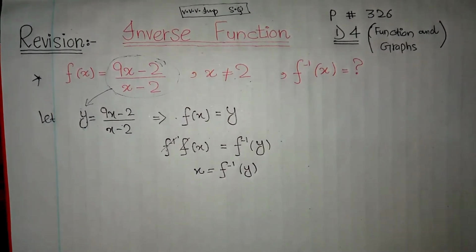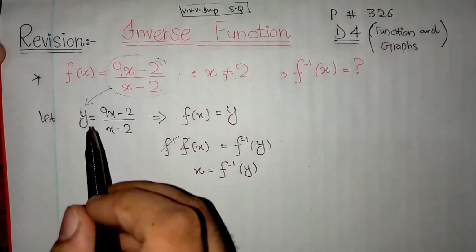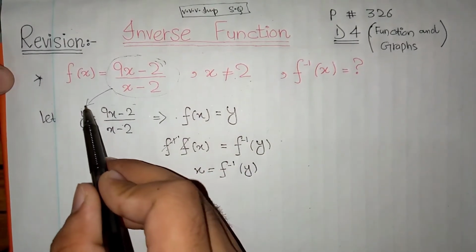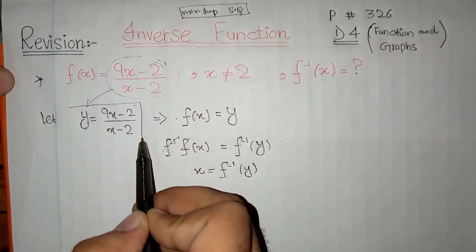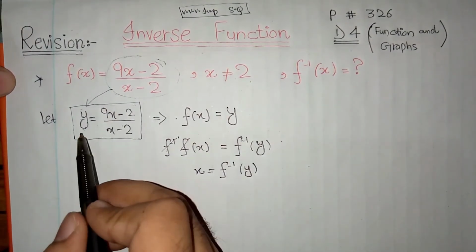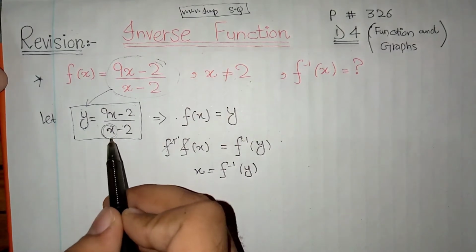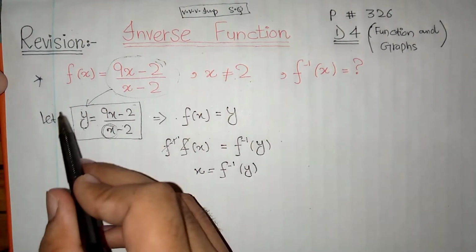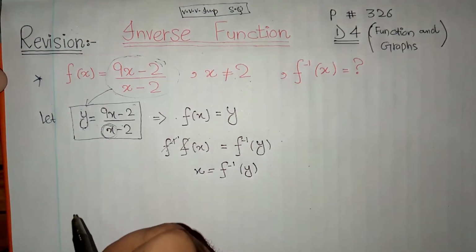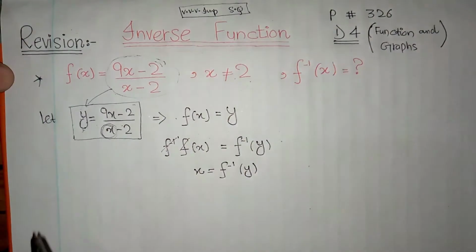Now we have to solve this so that x becomes the subject, or the whole expression is equal to x. As you can see, the expression is only equal to y.